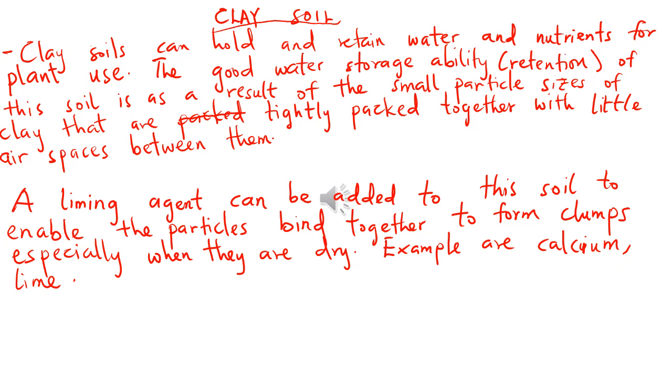So when you are working with clay soil in such seasons, automatically you have a waterlogged soil, and a waterlogged soil can impede crop growth, and it can also cause the plant's roots to rot.